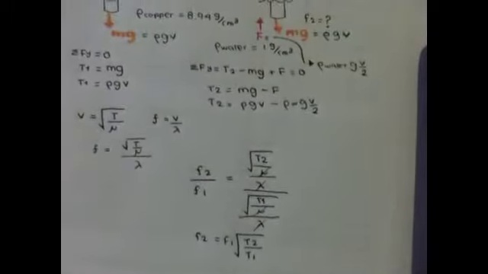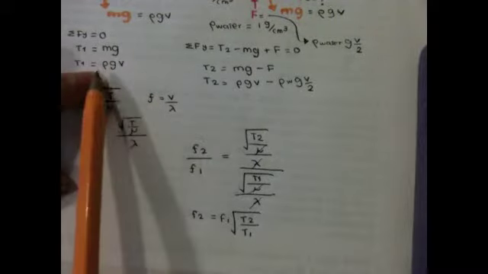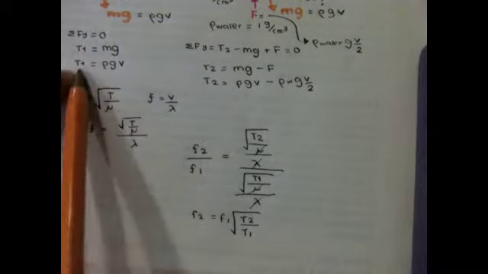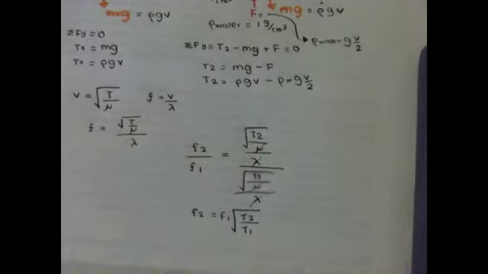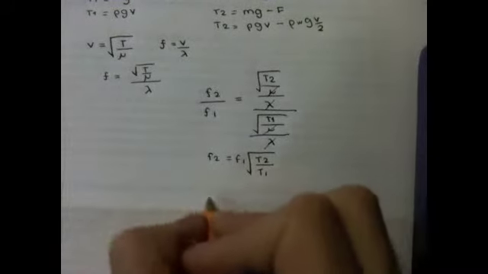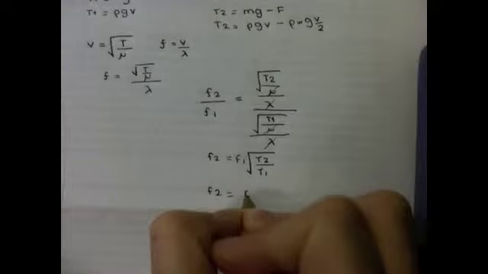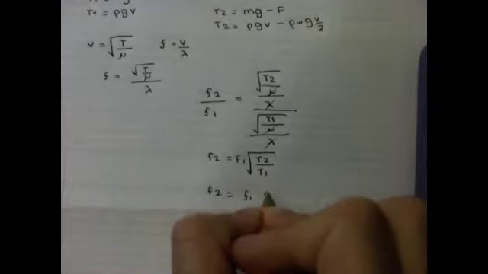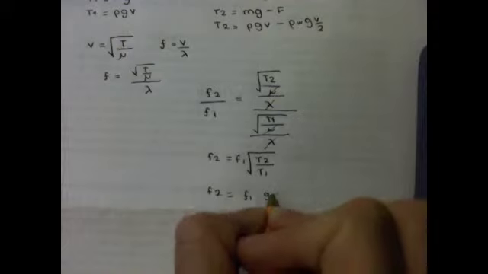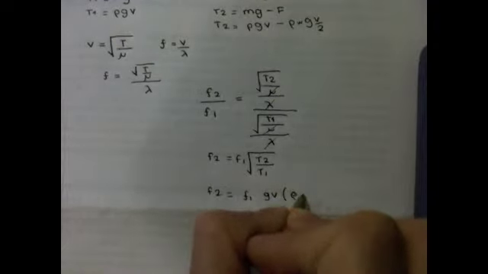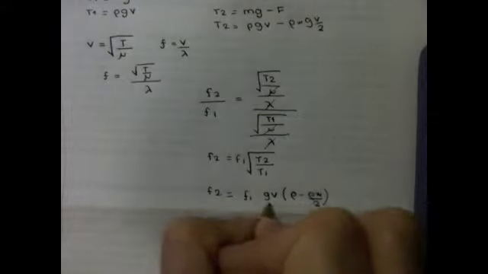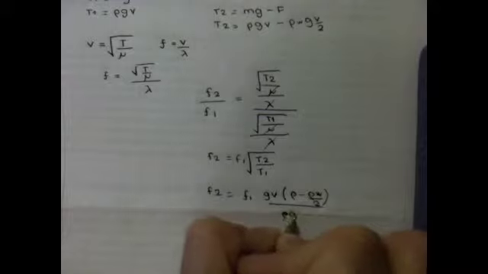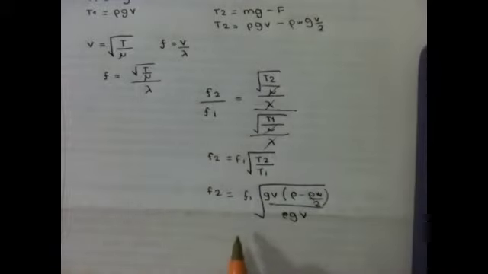And because we already obtained the equations of tension 1 and of tension 2, we can substitute them in this formula, and we get that frequency 2 is equal to frequency 1 times gravity volume over, we got this.